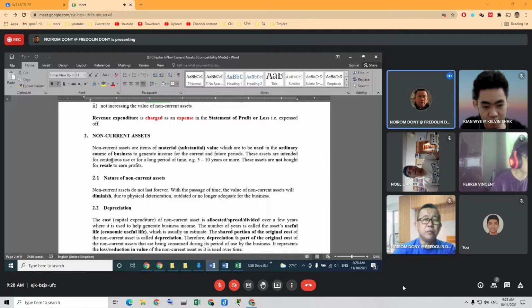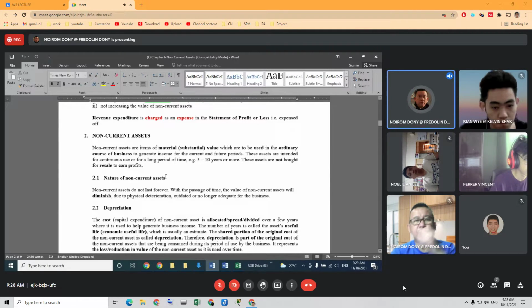So meaning it can be used for more than 1 year. What for? To be used in the business. These assets are intended for continuous use for a long period of time, sometimes 5 to 10 years or more. So they are not bought for resale to earn profit, but to be used to generate revenue.